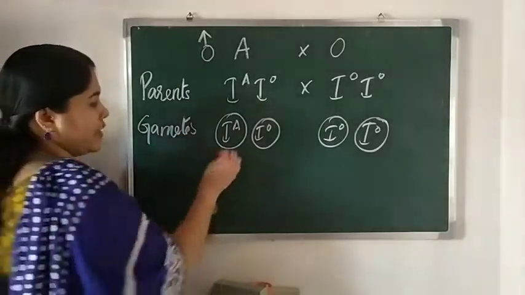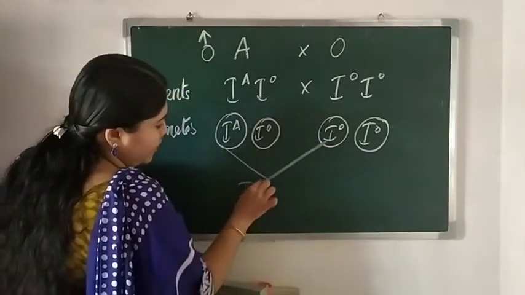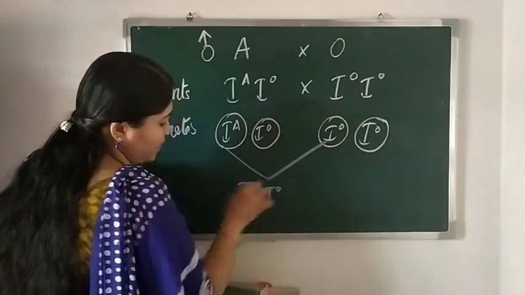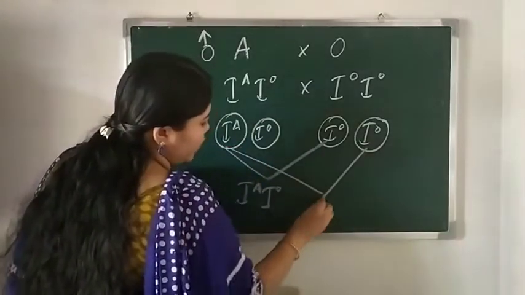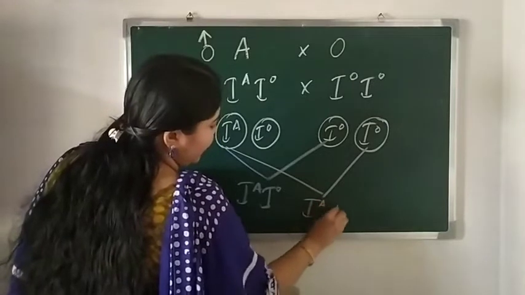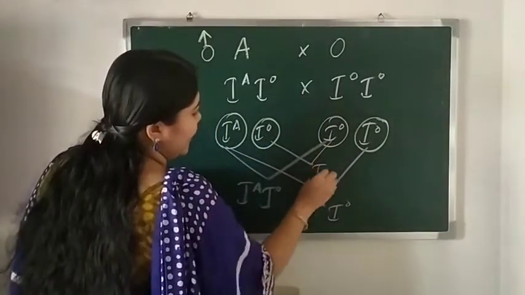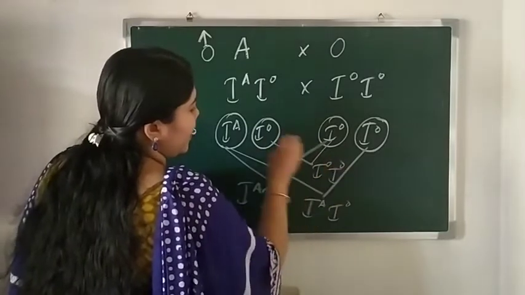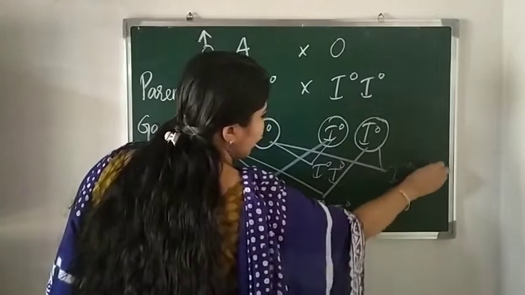IA crossed with IO gives IA IO. In the same way, IA with IO gives IA IO. IO with IO gives IO IO, and this also is the same. So from this it is clear for you.